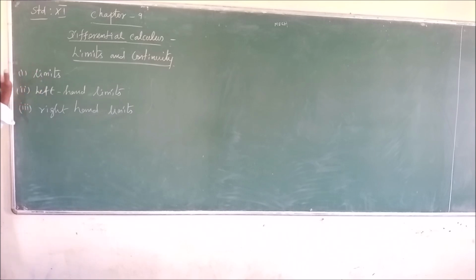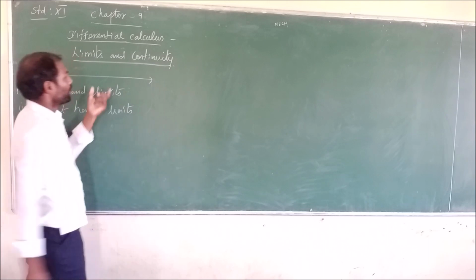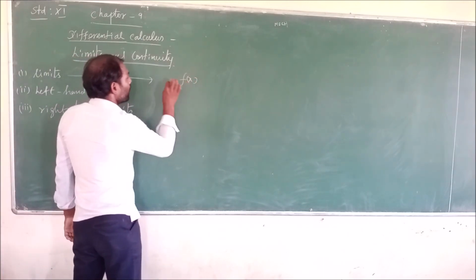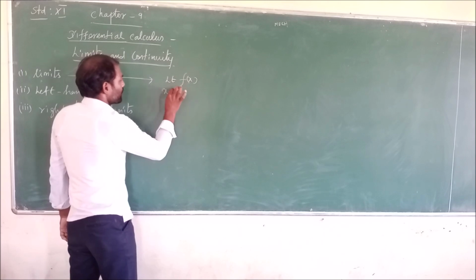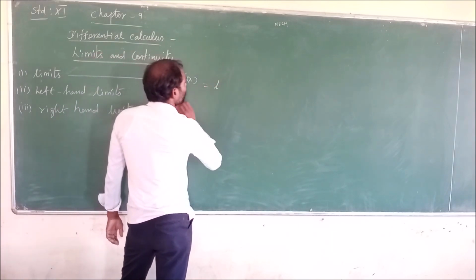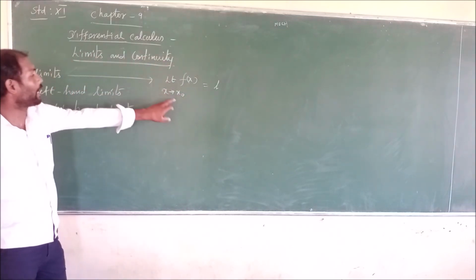The notation of limit, the basic definition of limit: f of x is a function, and limit x goes to x naught of f of x equals some L, called the limit of the function at the point x naught.